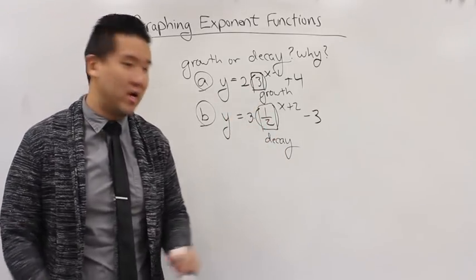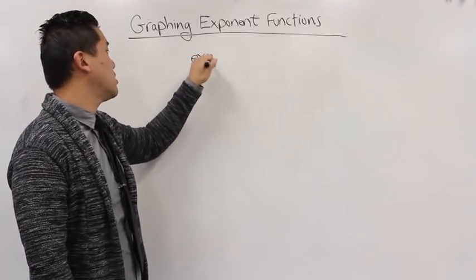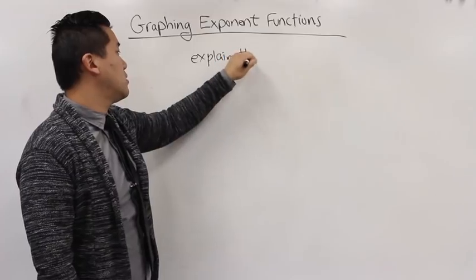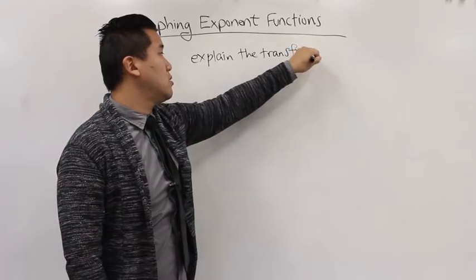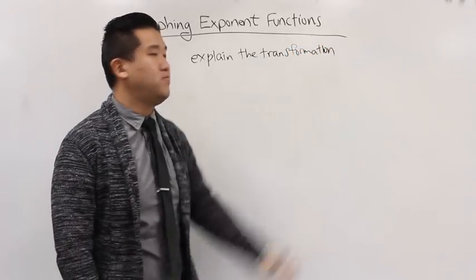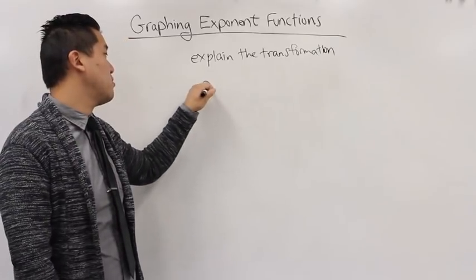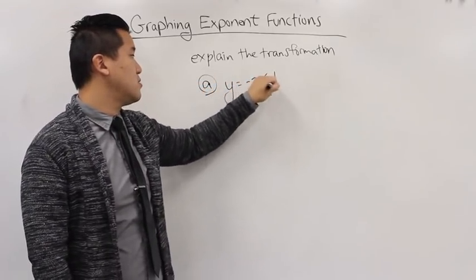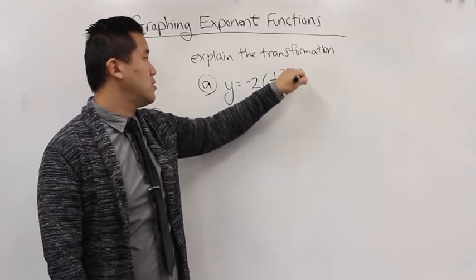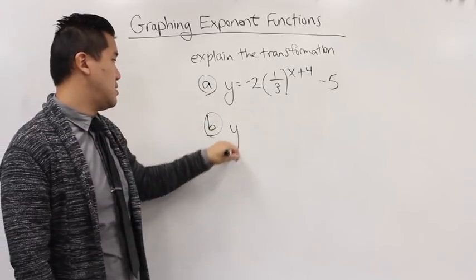Alright, good job. Let's try our intermediate problem. Explain the transformation. So the A, H, and K, tell me what's going on. Also tell me if it's growth or decay. Let's get a little bit of practice. So if I give you this guy, let's try this guy.